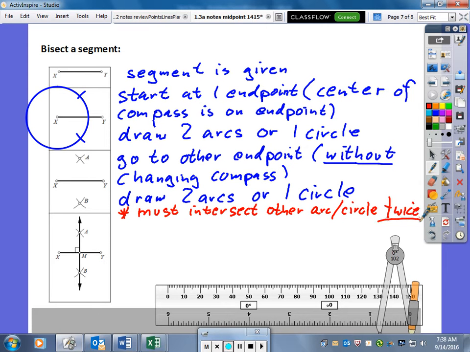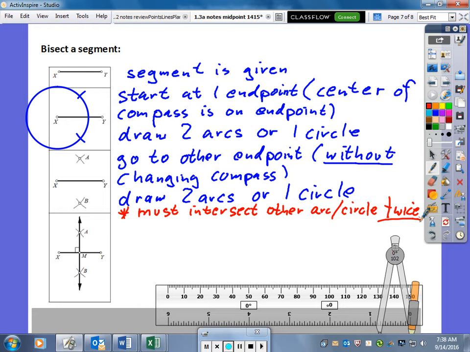Two intersections. So what we did by doing that, we created 2 points, A and B, and those 2 points are both equally far away from X and Y, which are the endpoints of our segment.